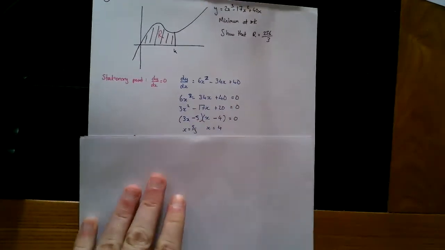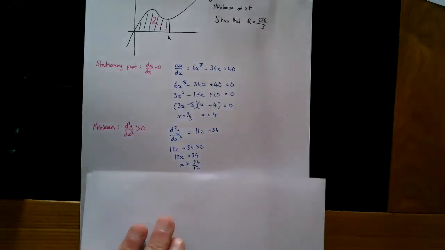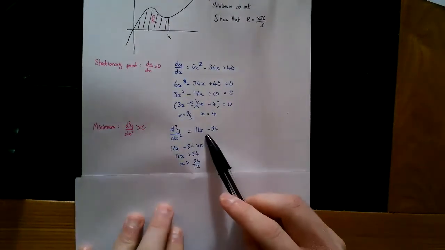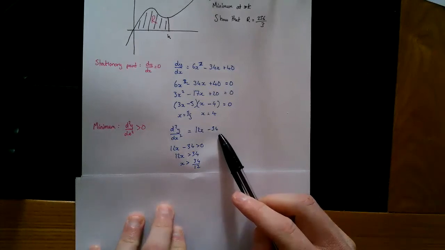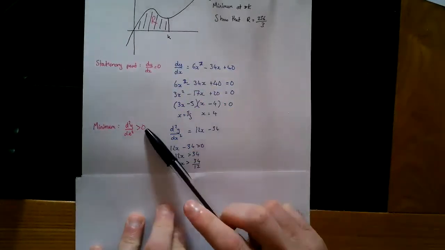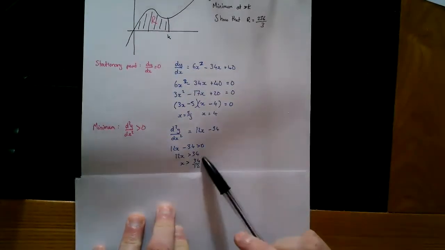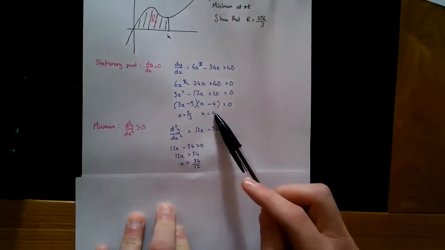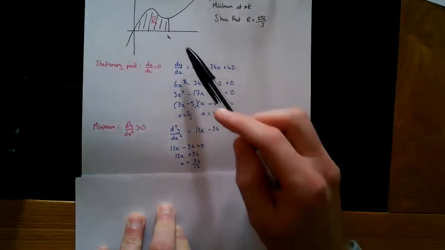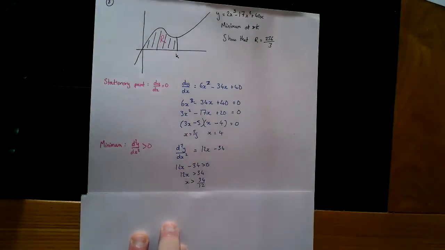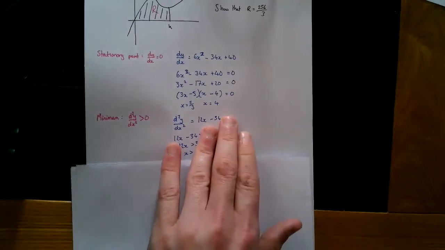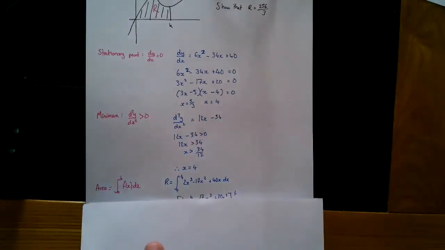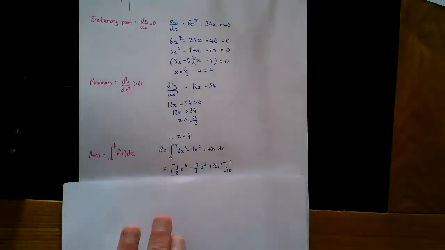If you want to double check, you can work out the second derivative. 12x take away 34, and if it's a minimum, that should be bigger than 0. So if we solve that inequality, we get that x should be bigger than 34 over 12. Well, 4 is the only one that works for that, so x must be 4 here. Okay, so once we know what k is, we can then just integrate to get the area.